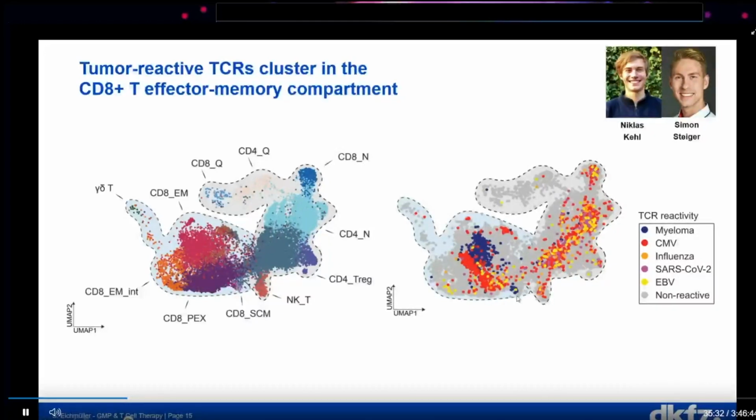Of course, this gave us the possibility to try to define a signature which could be indicative for tumor-specific T cells and their TCRs in the end for multiple myeloma. This is what we also tried.